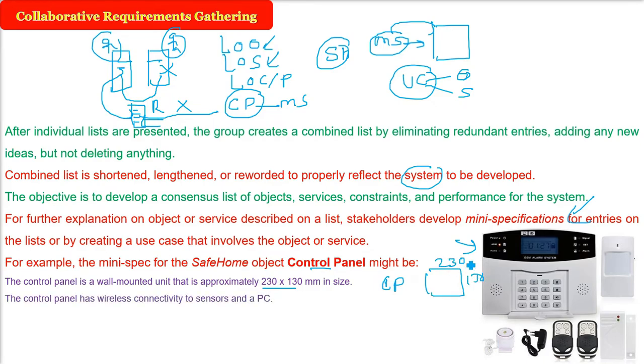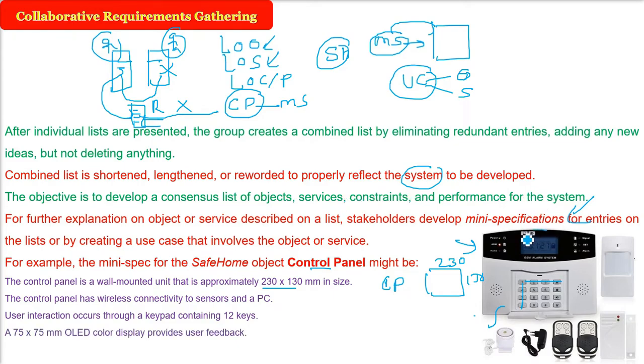In the mini specs, we can have that it will be wirelessly connected to the sensors, the PCs and the mobile. This can be another point in the mini specs. User interaction occurs through some keys. The numbers are also provided, a 12 key keypad. There will be a 75 by 75 mm OLED color display. And software will give you prompts, echoes, and certain functions. So this will be a kind of mini spec, right?